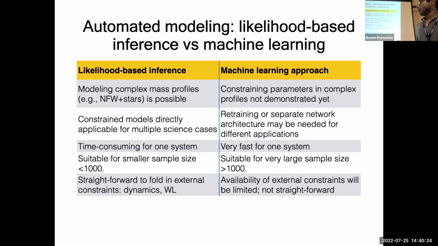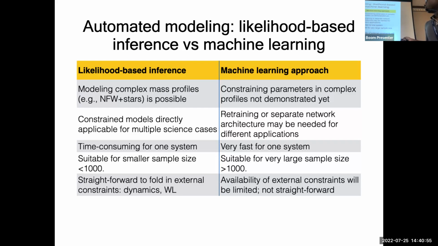So what I'd like to highlight is that there are two different regimes where these two kinds of modeling approach can be advantageous. The likelihood-based inference is advantageous for a smaller sample of lenses, and I would argue this number is about 1,000, where this smaller sample is very interesting, more interesting than your average strong lensing system.